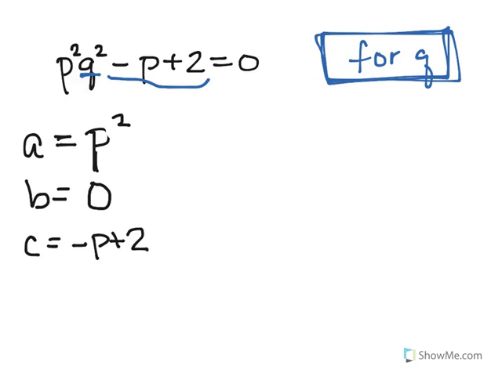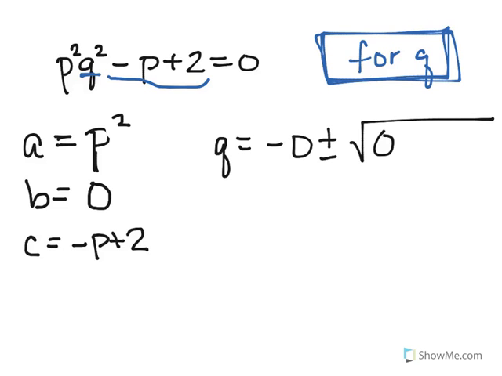So now I can use my quadratic formula. It usually says x equals, but in this case we're solving for Q, so we're going to say Q equals negative b, which in this case is a 0, plus or minus the square root of b squared minus 4 times a times c.